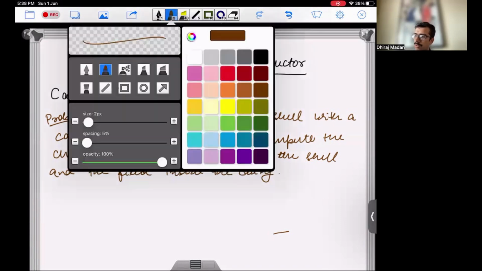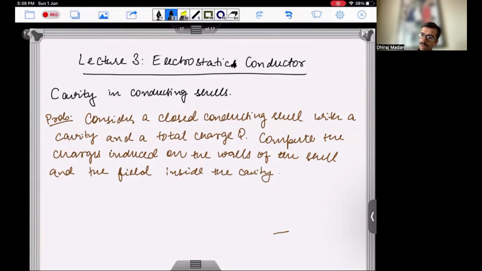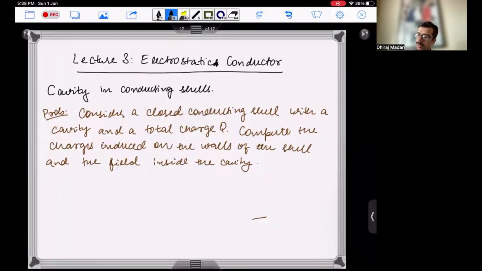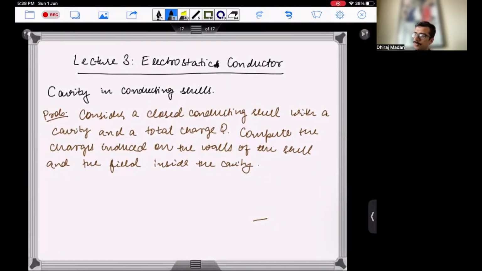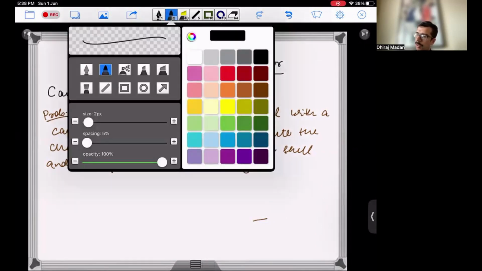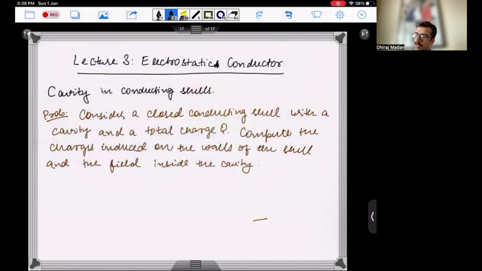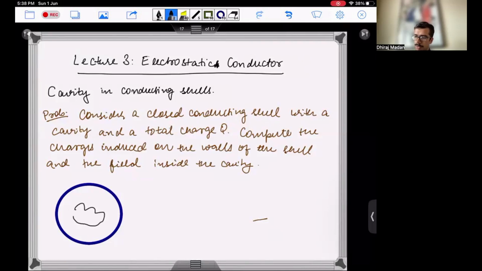Let me draw it. Along with the problem, there is also this specific diagram. The shell which we have is spherical on the outside, and on the inside it's some irregular shape.